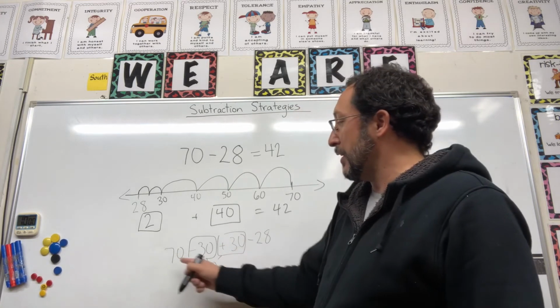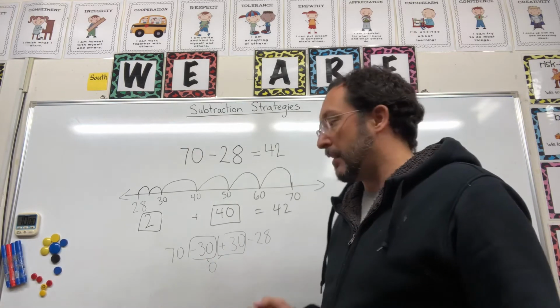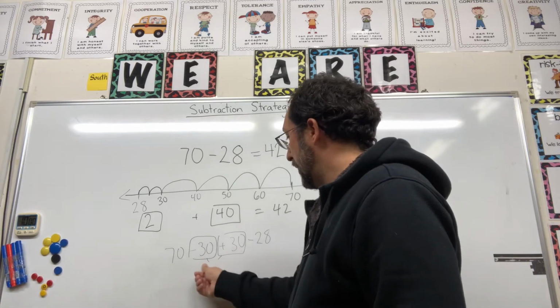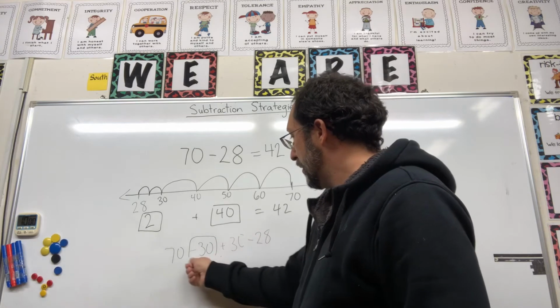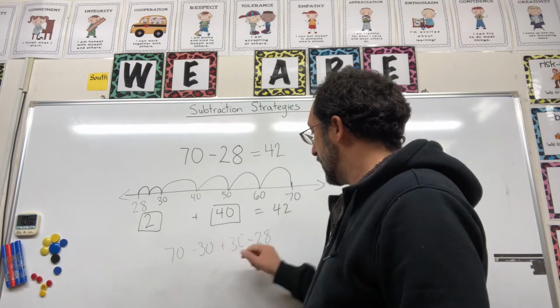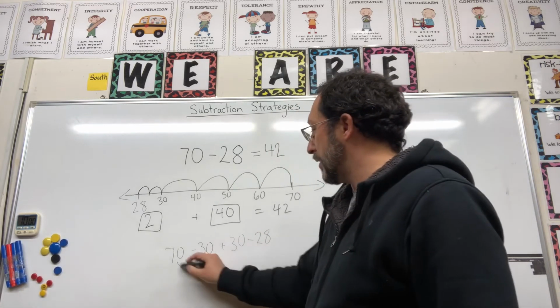So it's the same thing right here as 70 minus 28. But trying to do 70 minus 28 is a little bit difficult. So we just keep it the way it was, 70 minus 30 plus 30 minus 28, and we look at the two bits separately.